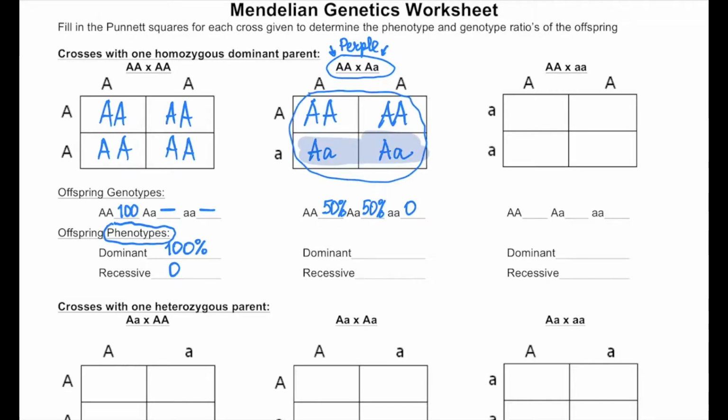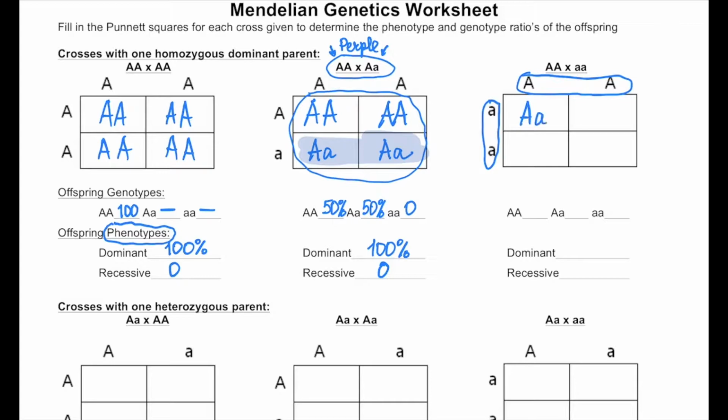So even though the bottom part, they are heterozygous, they're still going to be purple because your dominant allele there is present. So in this case, the dominant phenotype is going to be 100%, recessive is going to be 0. And the last one, you have homozygous dominant versus homozygous recessive.